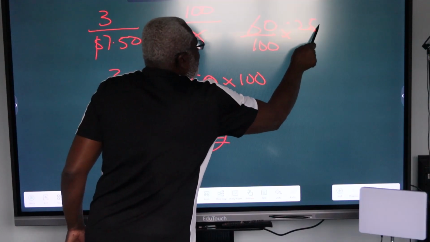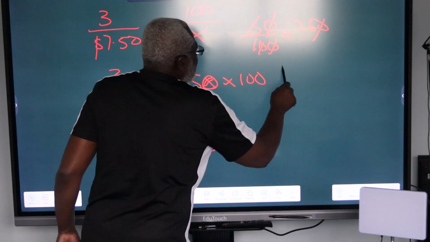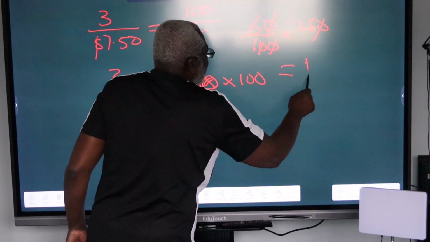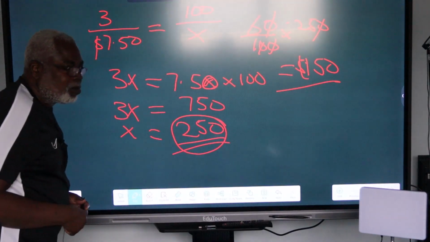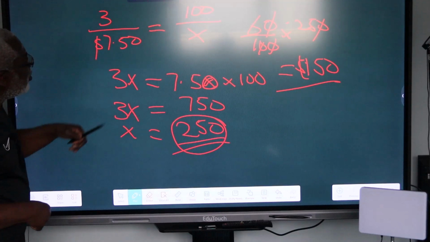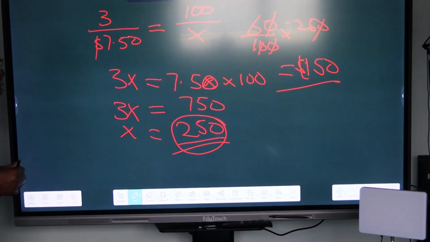We can cancel them and we get that 60% of the amount represents $150. So whenever you see such a problem, try and think of fractions, even though the problem may be stated in ratios. Turn the ratios into fractions.